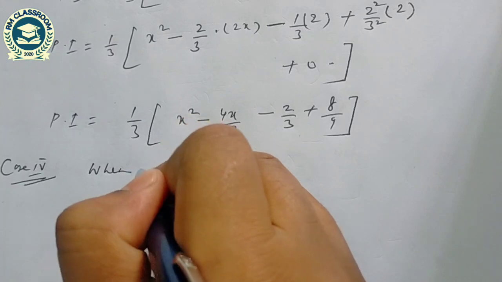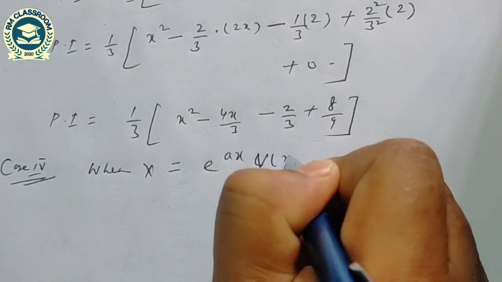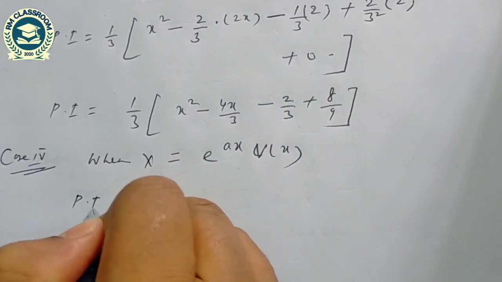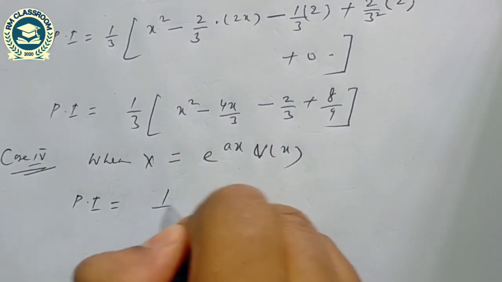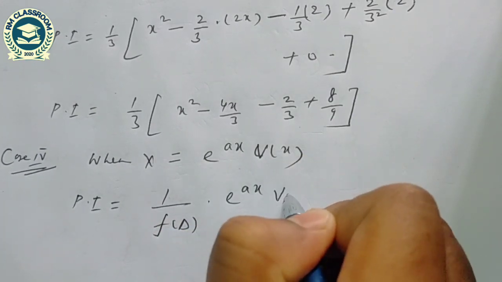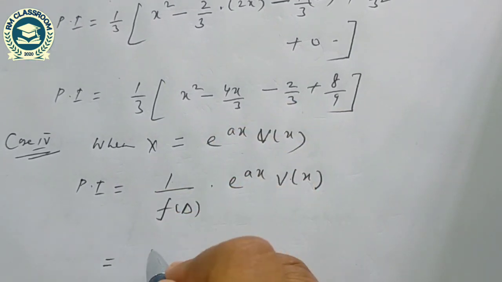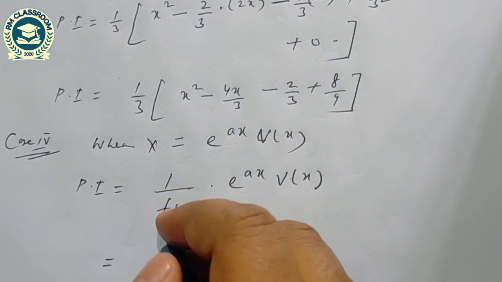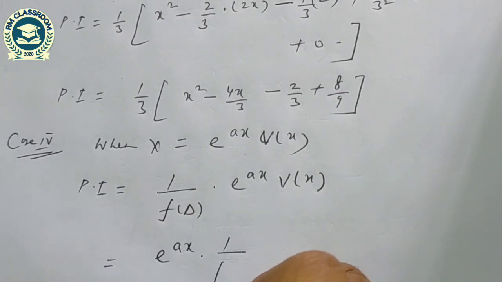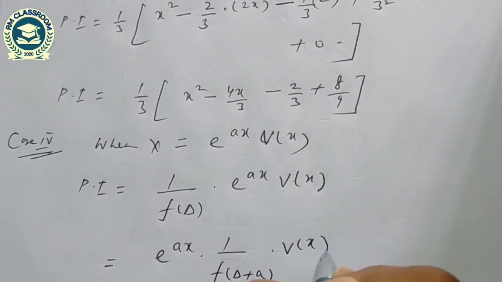When X is equal to e to the power ax into V of x, so the particular integral is equal to 1 by f of D, e to the power ax into V of x, or it will be e to the power ax into 1 by f of D plus a into V of x.